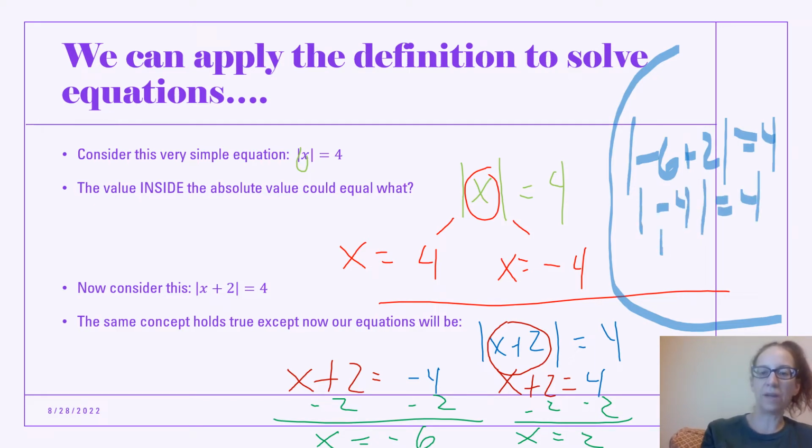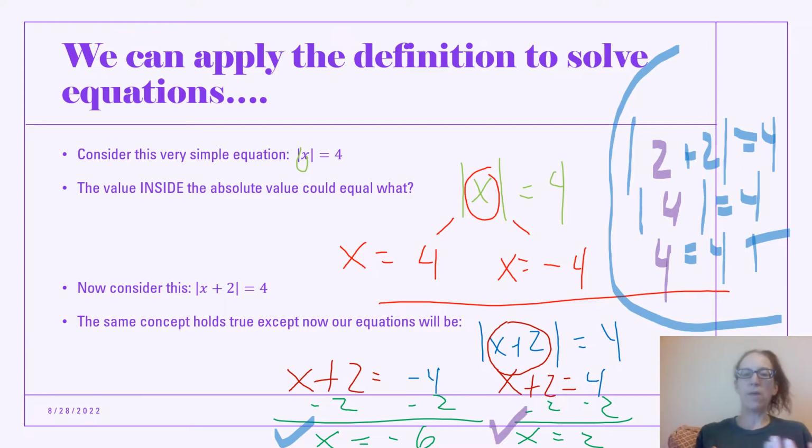And the absolute value of -4 is 4, which is true, which means that answer checks. And then I can do the exact same thing with the 2. 2 plus 2 is 4, and the absolute value of 4 is 4, which is true. And so I know that both of those solutions work because they meet the definition of a solution. A solution is a value of the variable that will make the equation true.